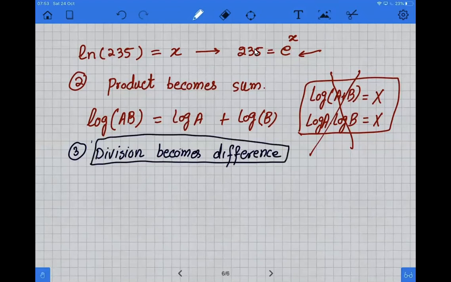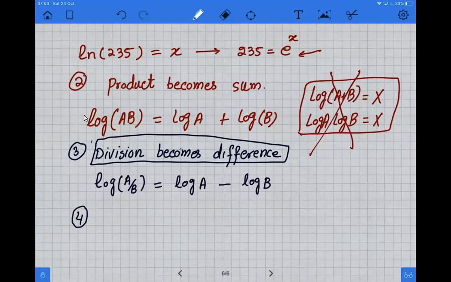For example, if you have log of a over b, it will become log of a minus log of b. So in case of log, division becomes difference. So this is the third rule for log.